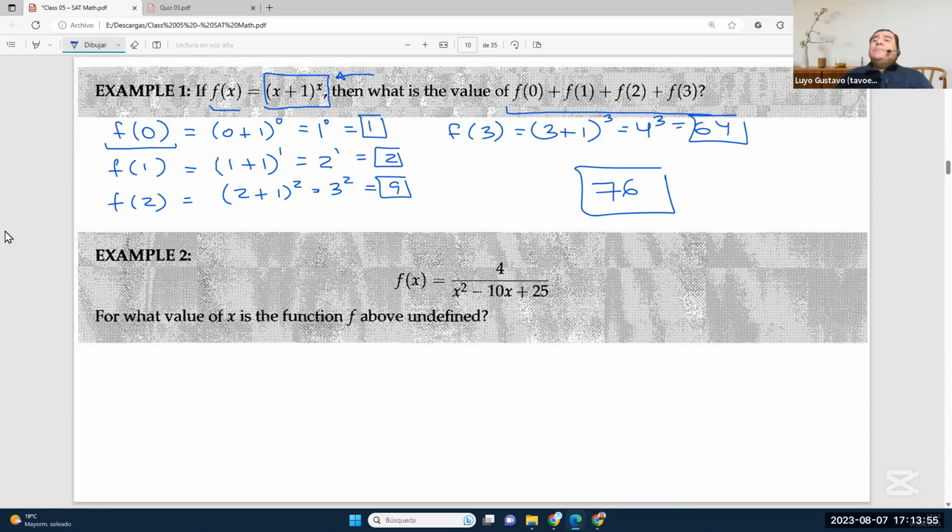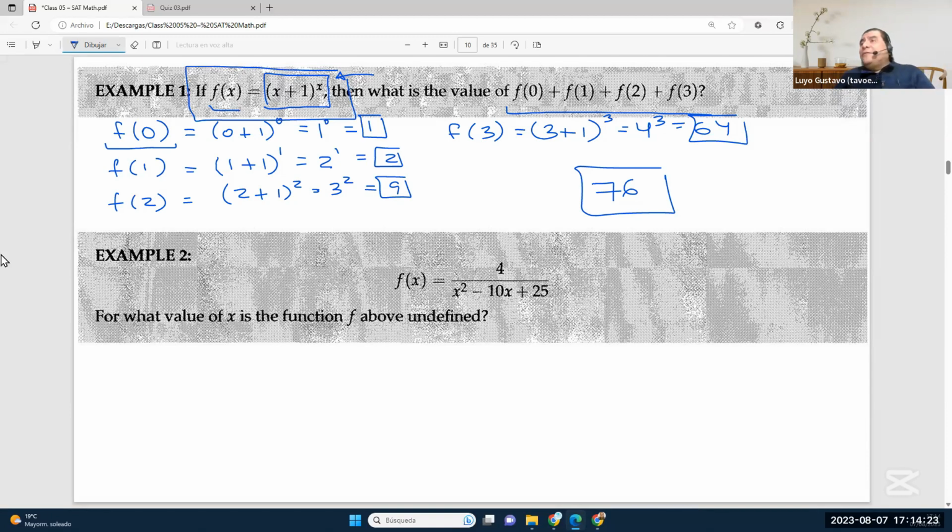Let's see example 2. What does it mean when a function is defined or not defined? That a function is defined means that the output value exists. Now, it is true that for most values in example 1, whatever the value of X is, you can always expect a certain output.